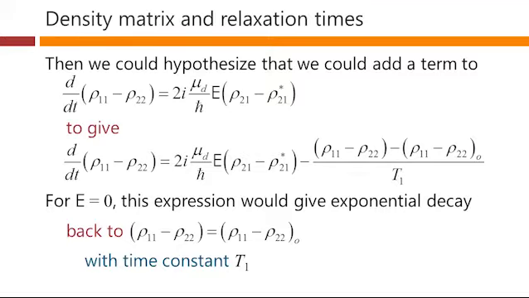So we're simply hypothesizing, based on our experience with many systems, that if we turned off the excitation, then the population difference would settle back down again to its equilibrium value in an exponential fashion with a time constant T1.